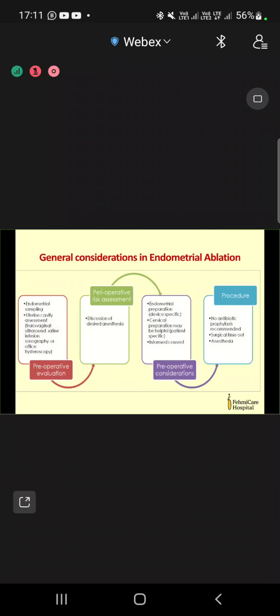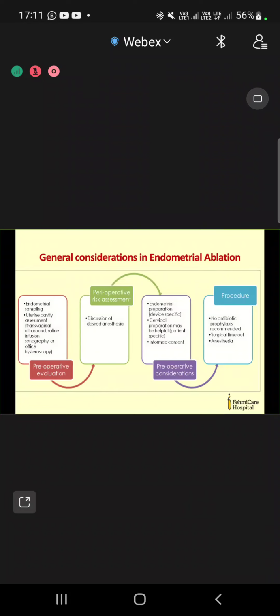You have to discuss with the patient, obtain an informed consent, and you should give her the option. It can be performed under local anesthesia or minimal sedation, unless the patient is very, very apprehensive. Endometrial preparation is device specific. Paracervical block may be of great help, because after the procedure, the spasmodic cramp-like pains are much less and the patient is comfortable.